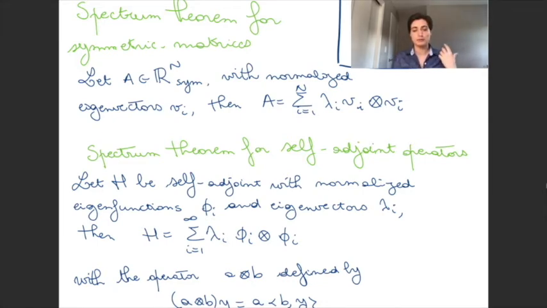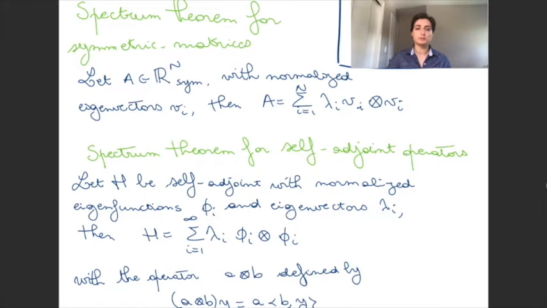So with vectors x and y, x tensor product y was different than y tensor product x. And here for functions we have the same. A tensor product B is different than B tensor product A. But it's built as just a standard multiplication between the first element and the inner product of the second element times the function that we are applying the operator to.